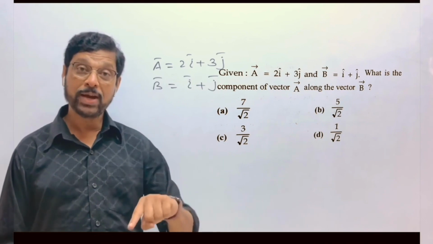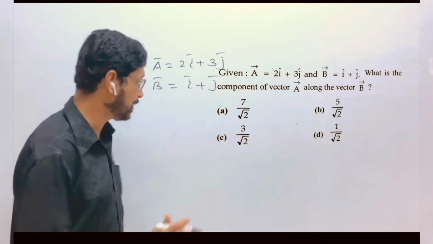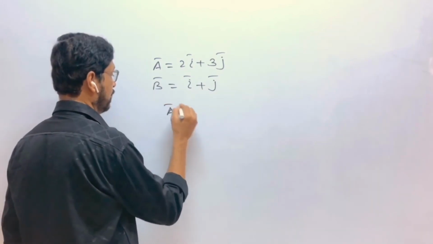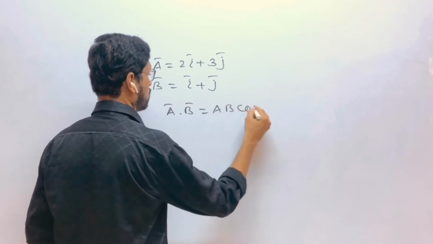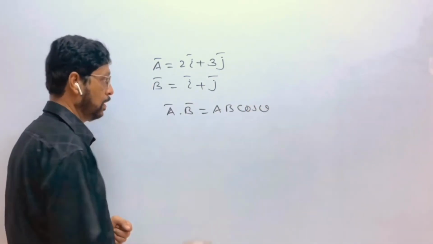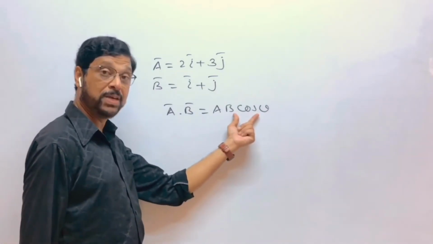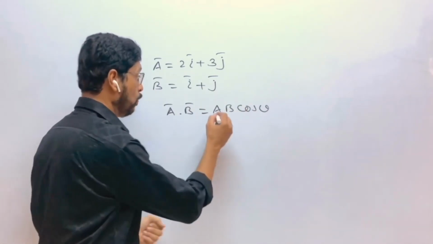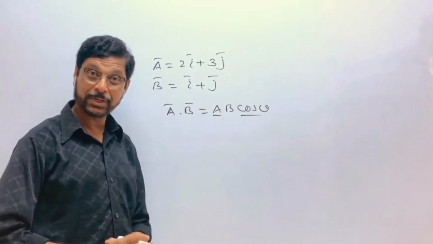Component of A in the direction of B. Remember the characteristics. A dot B is AB cos theta. What is B cos theta? Component of B in the direction of A. What is A cos theta? Component of A in the direction of B.